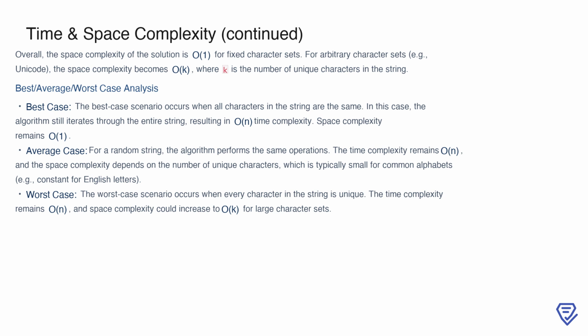For the average case, which involves a typical random string, the operations remain the same, resulting in O(n) time complexity. The space complexity depends on the number of unique characters, which is usually small for common alphabets and remains O(1). In the worst case, where every character is unique, the time complexity is still O(n), but the space complexity could increase to O(k) for large character sets.